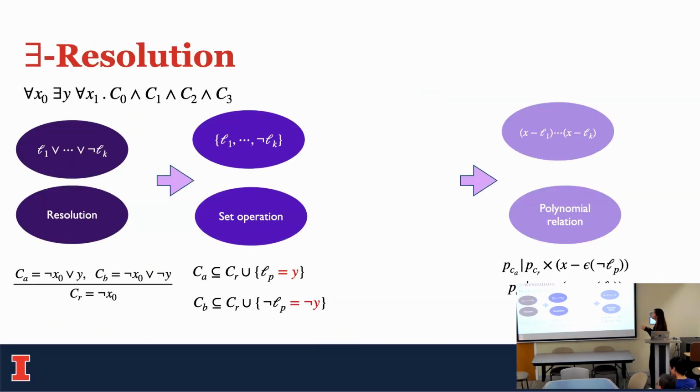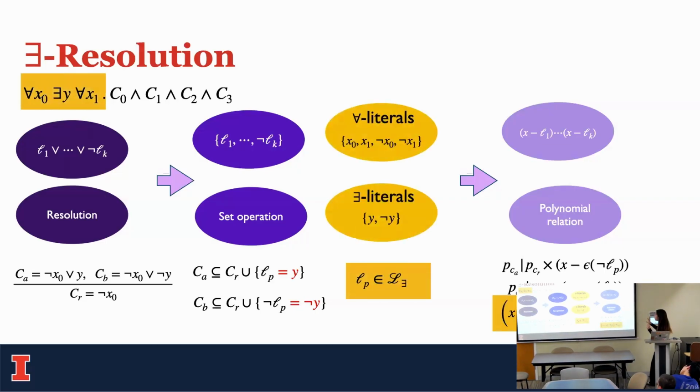Now let's come to existential resolution. In existential resolution, we check the resolution relation, but at the same time we need to check if the pivot literal is indeed existentially quantified. To do this, we have two different sets: one set includes all quantified literals, and one set includes all existentially quantified literals.